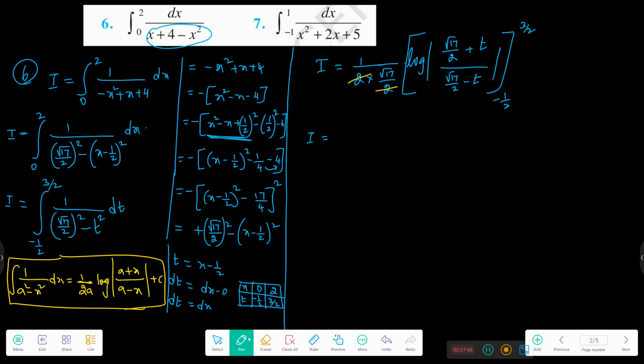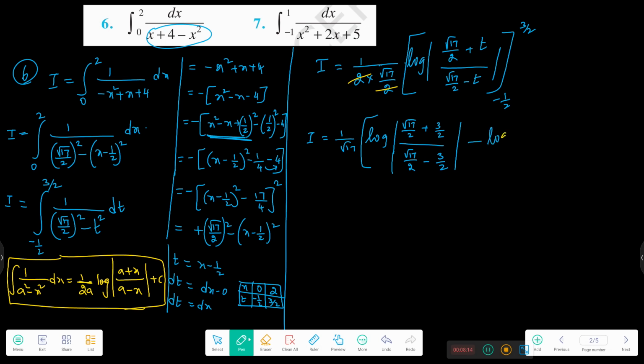So remaining is 1 divided by root 17 log of, first the upper limit let me apply. Upper limit: root 17 divided by 2 plus t value 3 by 2, whole divided by root 17 divided by 2 minus 3 divided by 2. This is the upper limit. When you apply the lower limit, put minus.